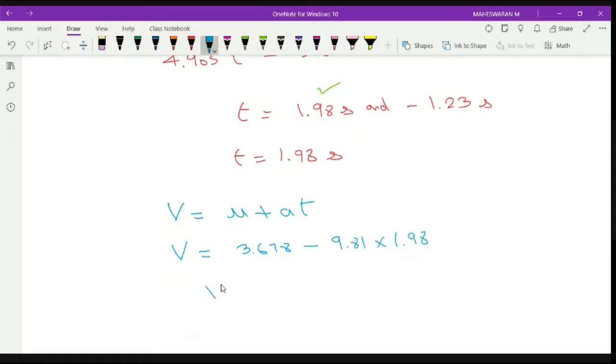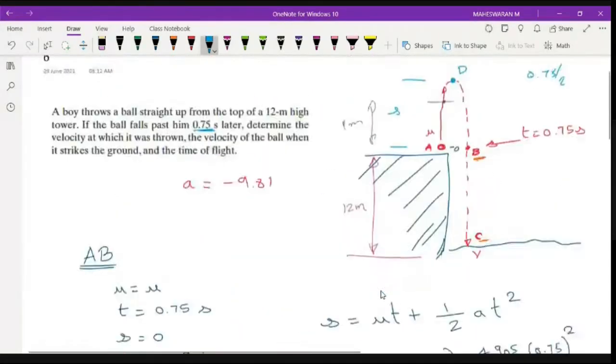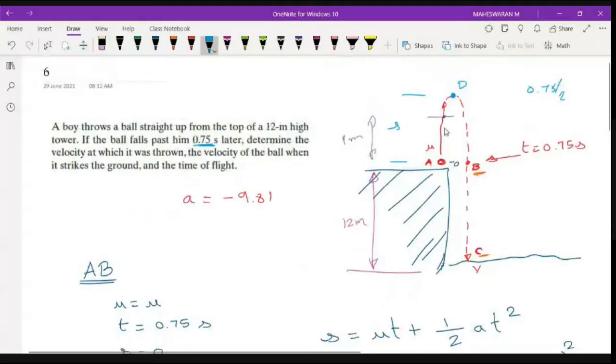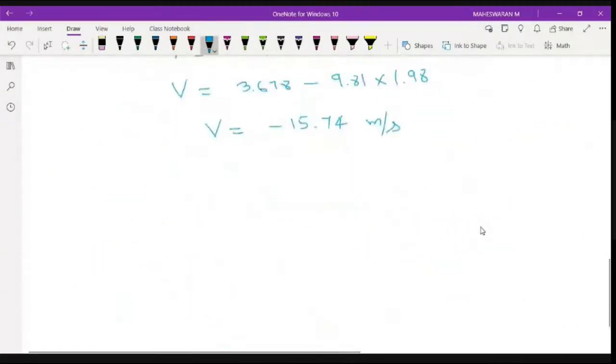So what is your v value? Minus 15.74 meter per second. The negative indicates the velocity is in the downward direction. It is opposite to the initial velocity direction. The initial velocity is upward, so the final velocity is negative, which means downward velocity. So this is the answer.